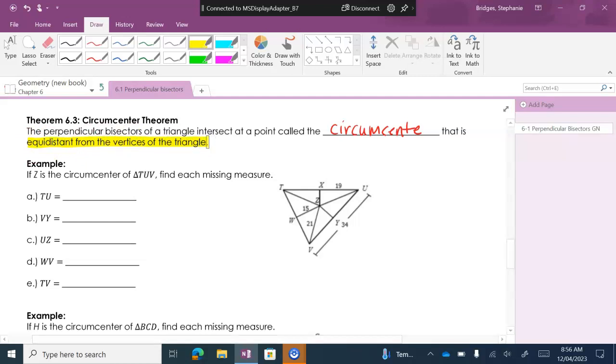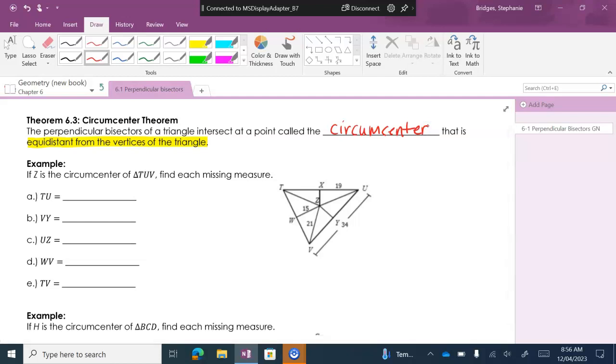Vertices is plural for the vertex. That would mean the angle of a triangle. Oh, I forgot my R up there, or I didn't write it when I wrote it, sorry. The circumcenter is equidistant from the vertices of the triangle.